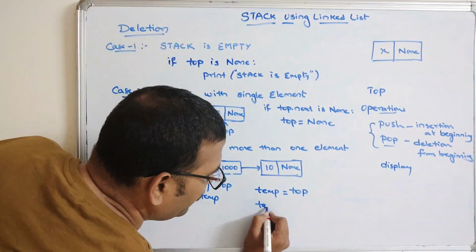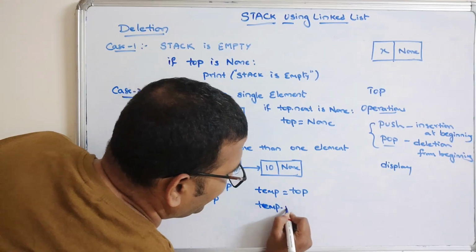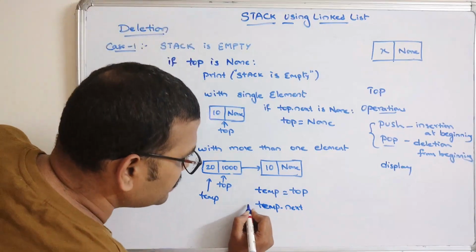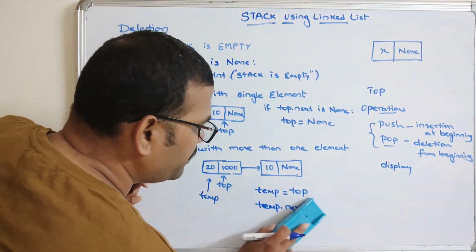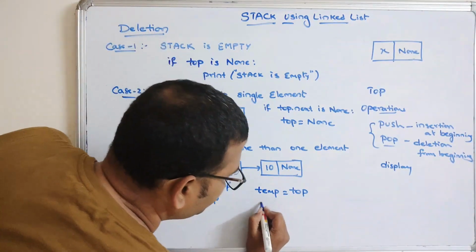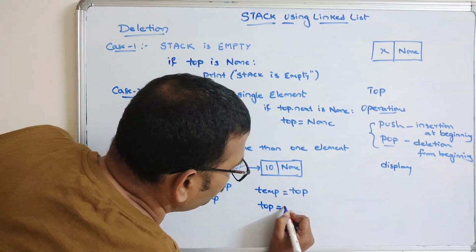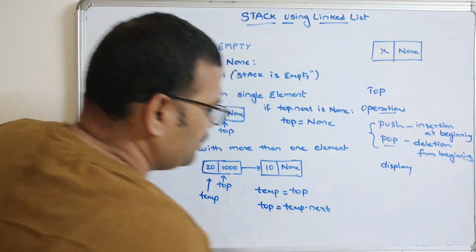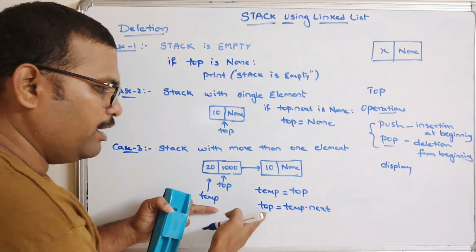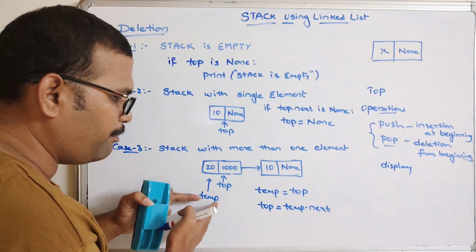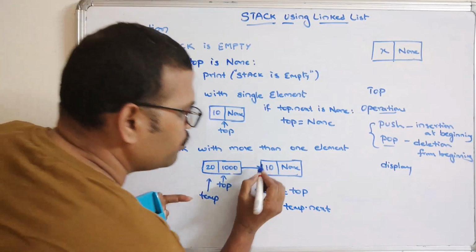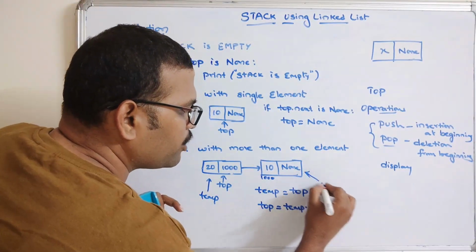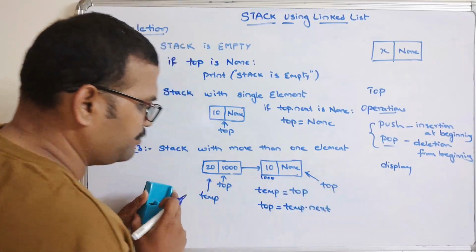So simply you can write top is equal to temp.next. So automatically, what's temp.next? Temp.next is 1000, which is the address of this one. So immediately the top will be pointing towards here.